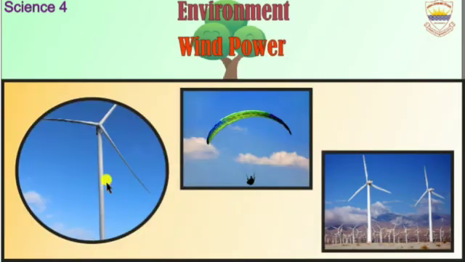Wind power. Wind power means the power of wind. That means we use wind for different works. Do you know where we use wind energy? Well, let me tell you. We use wind energy for wind sports like parachutes.